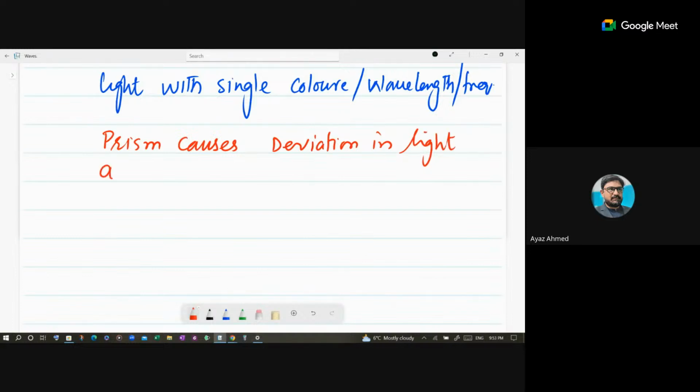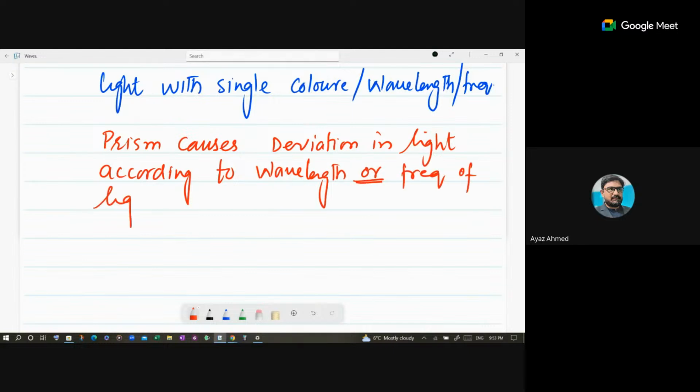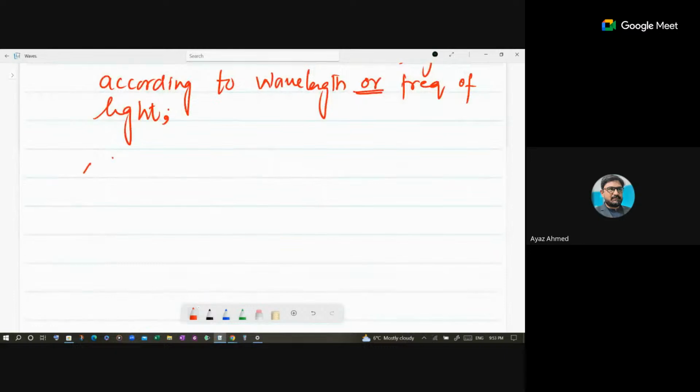According to the wavelength of light. According to wavelengths, or you can say frequency of the light in simple words. Light with higher frequency is bent at a greater angle. Okay, you have to remember this thing.